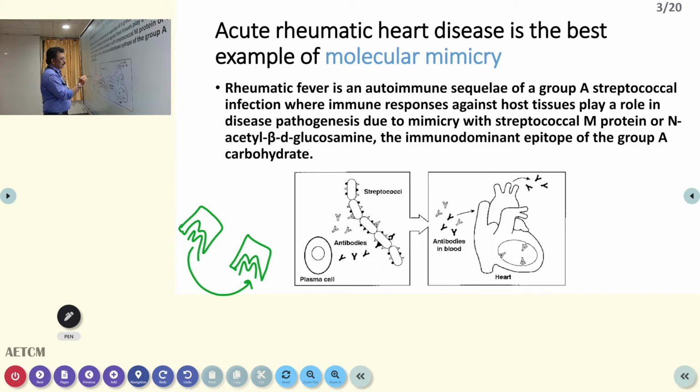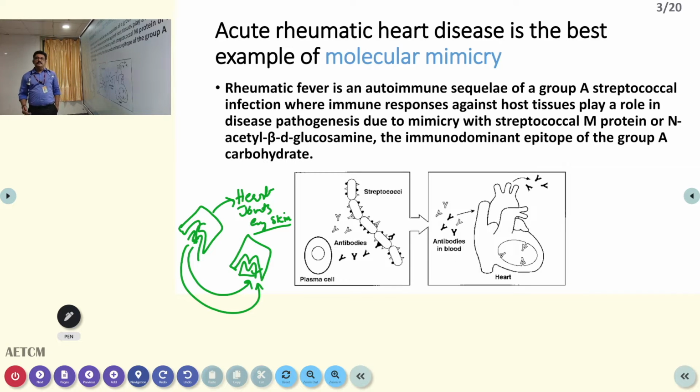So these antibodies are produced to kill the bacteria or virus. Here, because of this molecular mimicry, the cell in our body also has a similar feature and can be a target for these antibodies, and that antibody may attack these cells. So this antibody can attack our heart, joints, eyes, skin, etc. So this is an antibody-mediated disease, but these antibodies are produced against a bacteria.